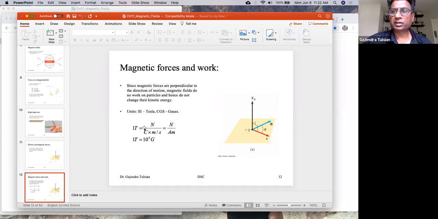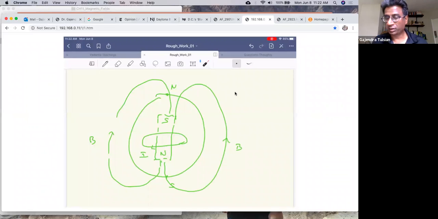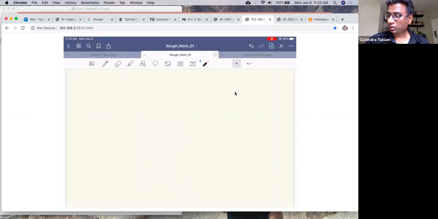All right, now let's look at the units for magnetic fields. Whenever you want to look at the units of some quantity, go to an equation that involves that quantity.